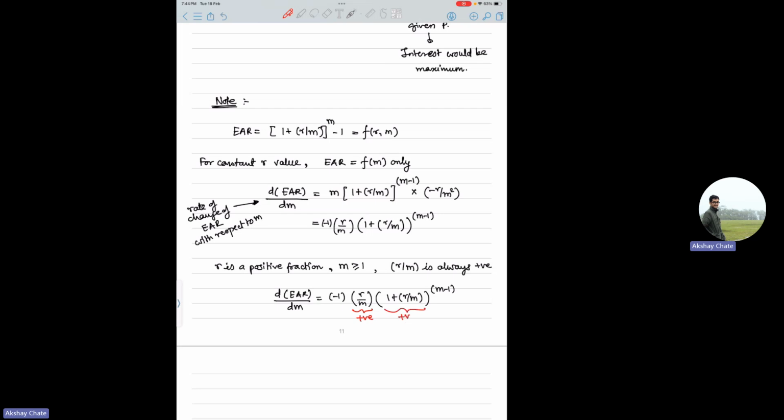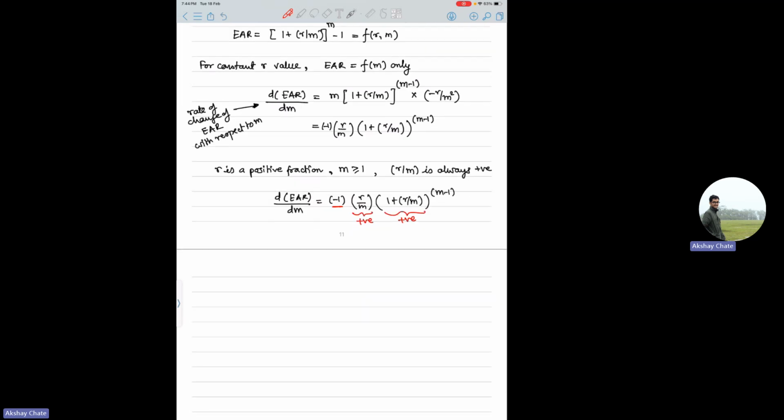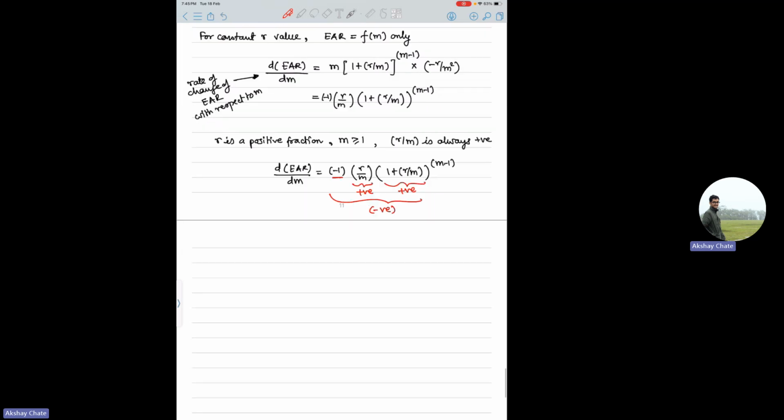This term is also always positive, because if you take M equal to 1, it is something power 0, so that will be 1. In other cases, since R by M is positive, 1 plus R by M is also positive. But since this minus 1 is there, this whole thing is negative. So what it means is, this rate of change of EAR with respect to change in M is always negative.